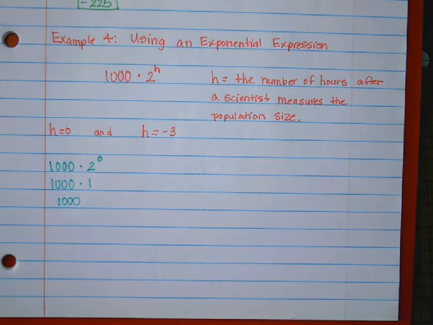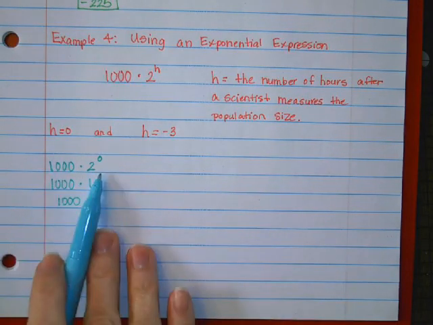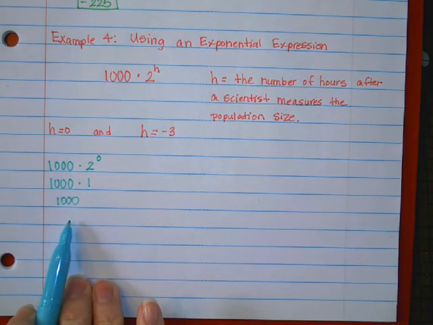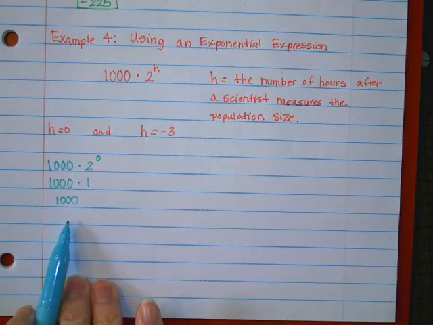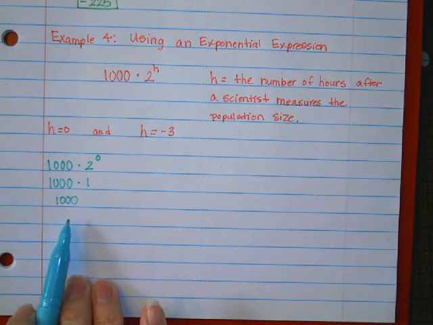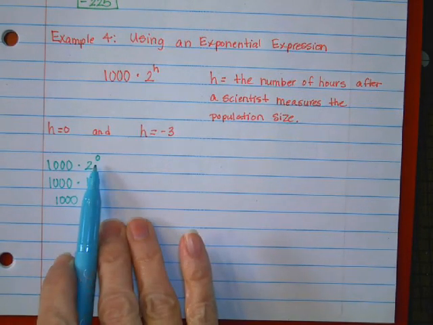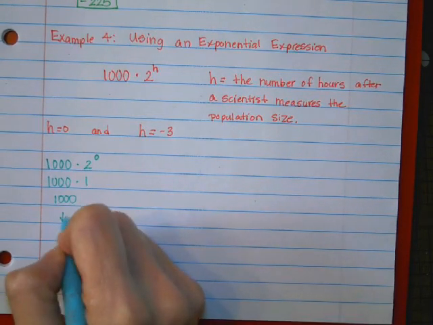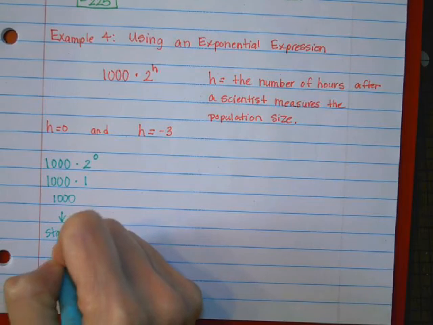So in your textbook, it says the value of the expression when we let h be 0, we get 1,000. That means there were 1,000 bacteria at the time that the scientist measured the population, because 0 means 0 hours have passed by. No time is gone. So this was the starting population of the bacteria.